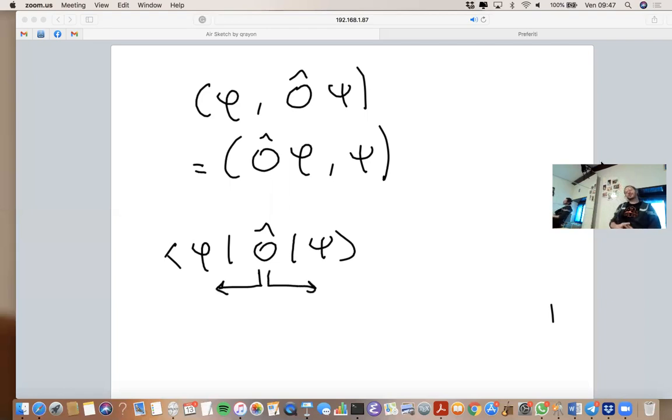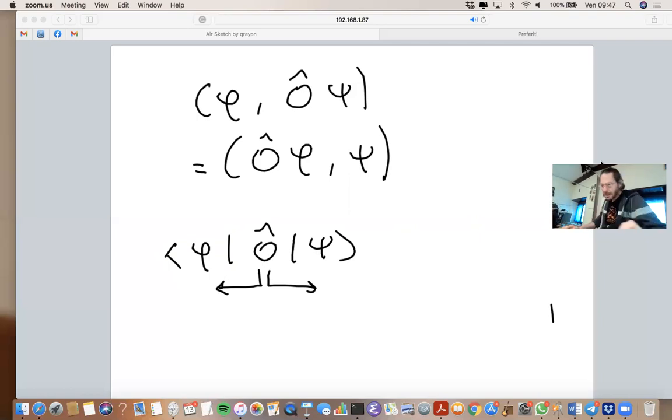This nice notation only holds for Hermitian operators, but in quantum mechanics, we are basically only interested in Hermitian operators. This notation leverages the fact that we don't care whether O acts on the right or on the left, because O will always be a Hermitian operator. So that's why in quantum mechanics, you define this to be the matrix element between psi and phi.